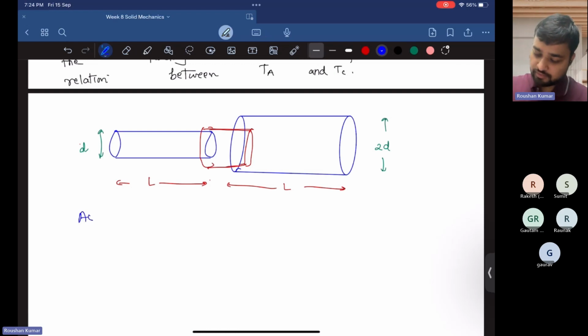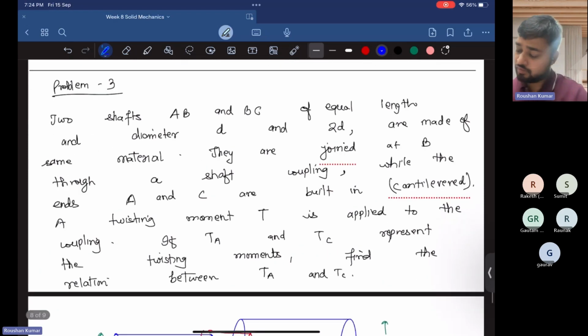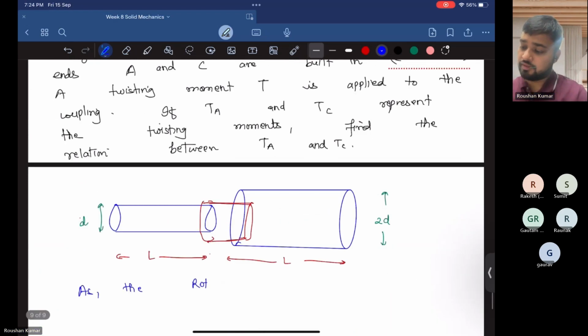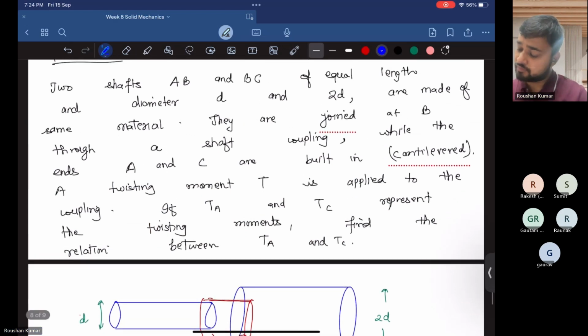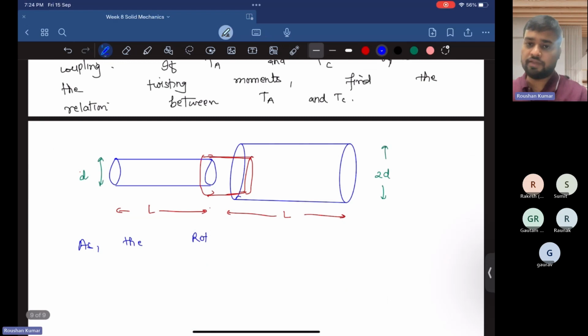Here, a twisting moment T is applied through a shaft coupling, basically to the coupling. It is also mentioned in the question that these two ends are cantilevered.